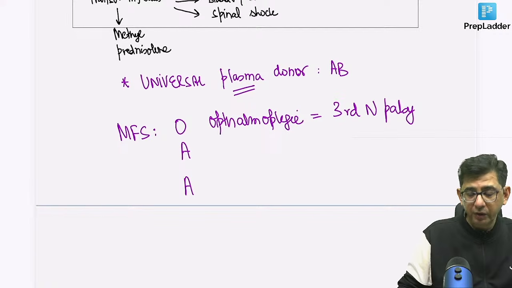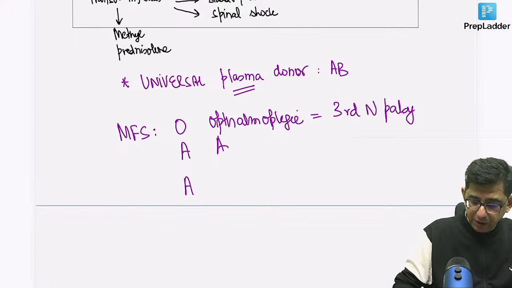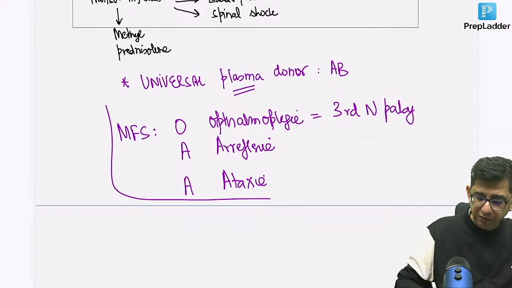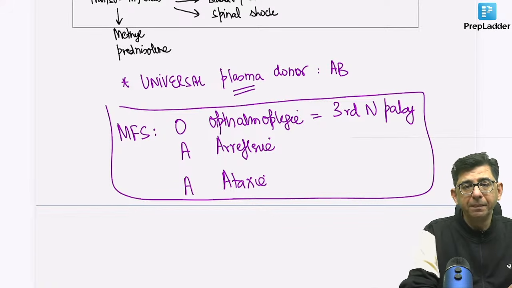But if it does ask you this, then ophthalmoplegia, areflexia, and ataxia are present. In Miller-Fisher syndrome you would have a third nerve palsy in the patient. Right.